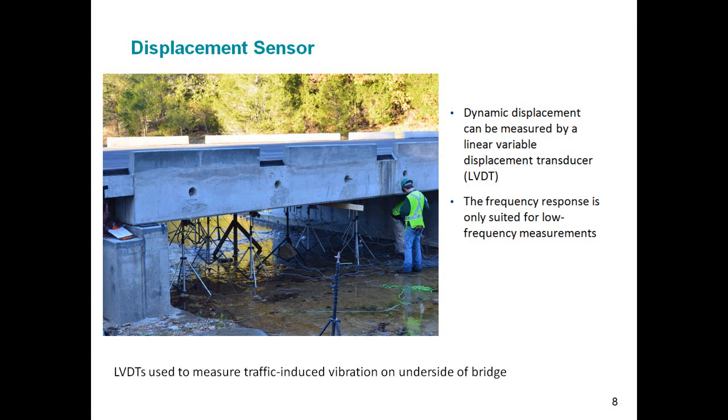The idea here is to measure the traffic-induced vibration on the underside of the bridge. LVDTs certainly have their place, and they can be useful. Of course, displacement primarily happens at lower frequencies, so for the low frequency vibration that this bridge is going to undergo, the LVDT is a good way to measure that.